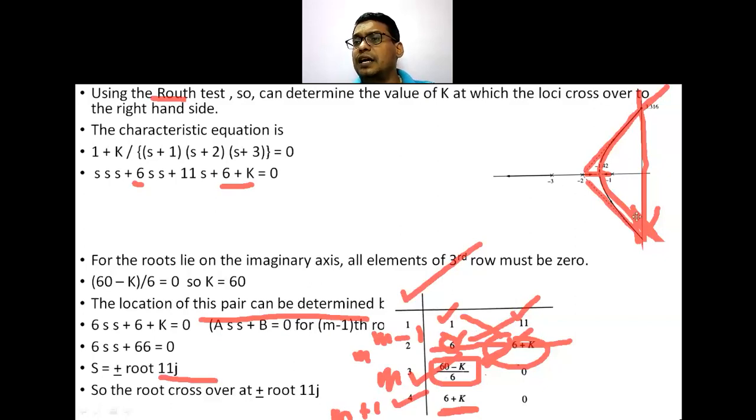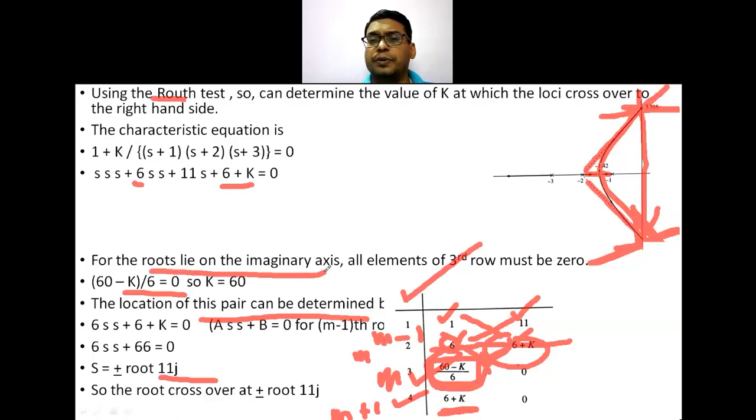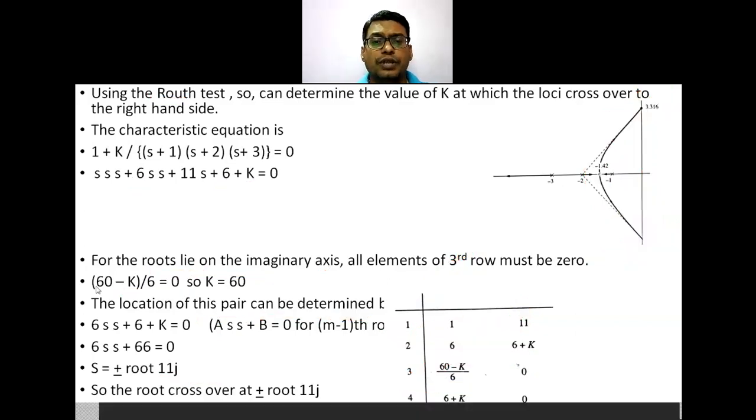So I have to plot plus minus root 11j on the imaginary axis. For the roots to lie on the imaginary axis, all the elements of the third row must be 0. So 60 minus k, when will the roots be on the imaginary axis?